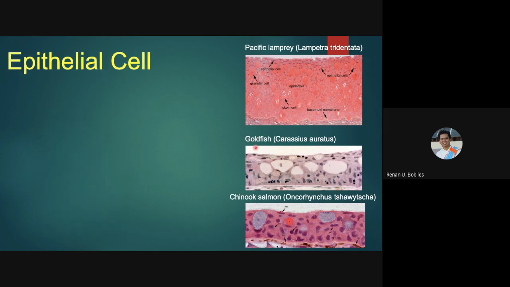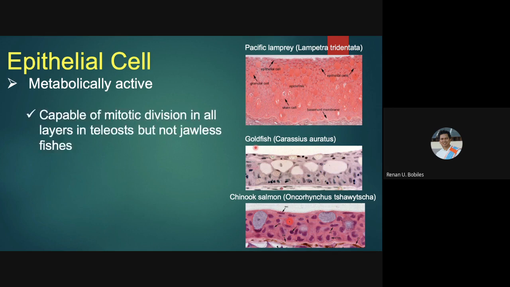Now, as I mentioned, epithelial cells are metabolically active. Okay? Metabolically active because it is capable of mitotic division in all layers in teleost, but not jawless fishes.